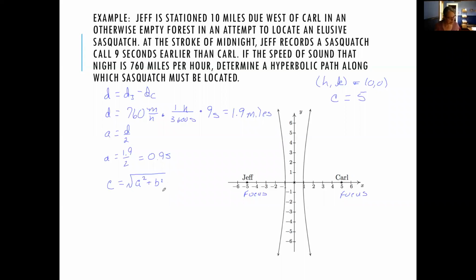So 5 is going to equal the square root of 0.95 squared plus b squared.